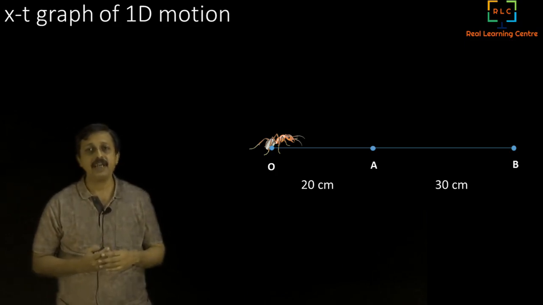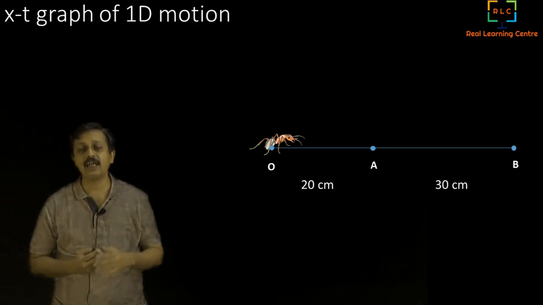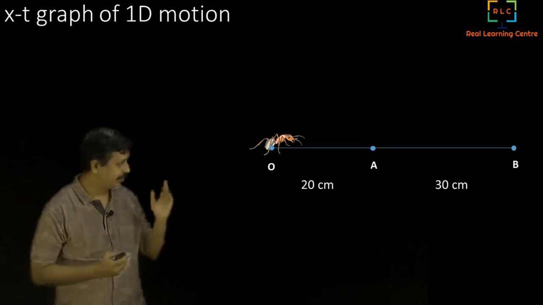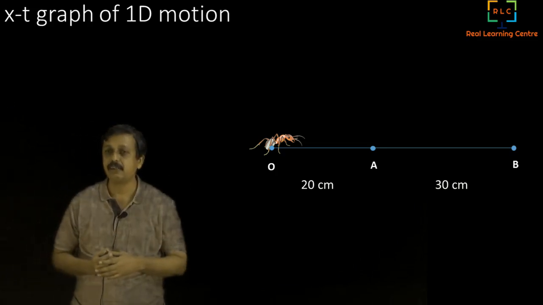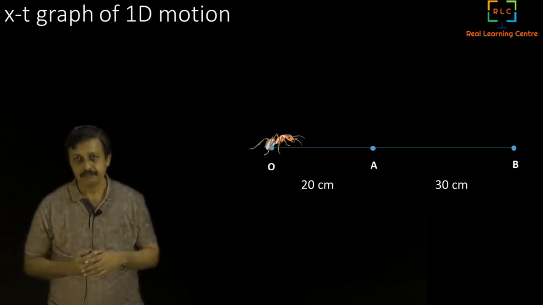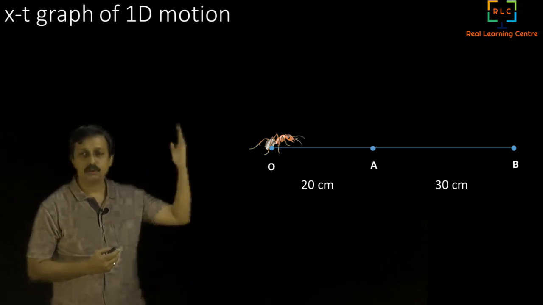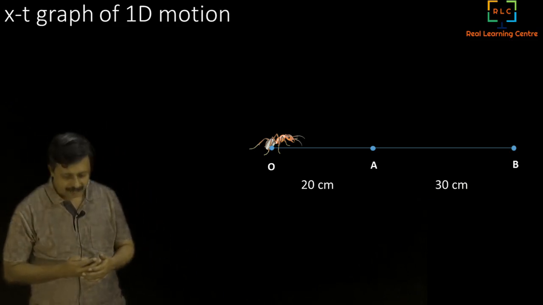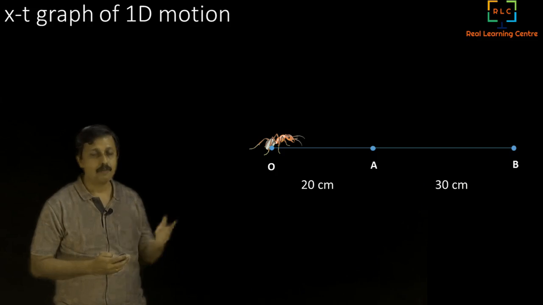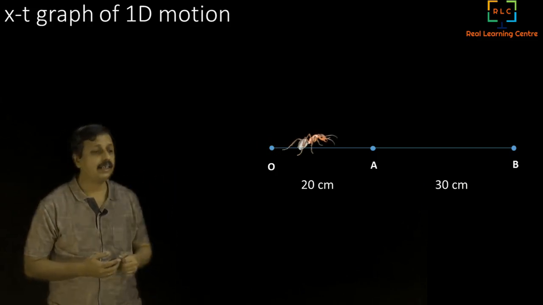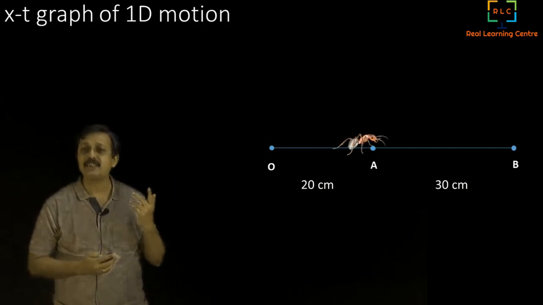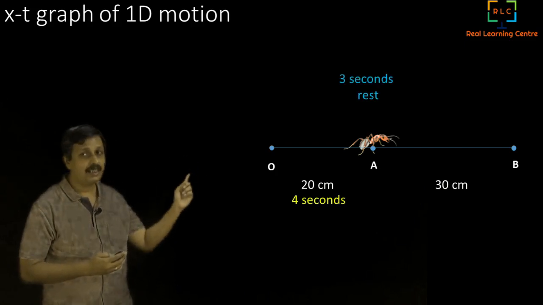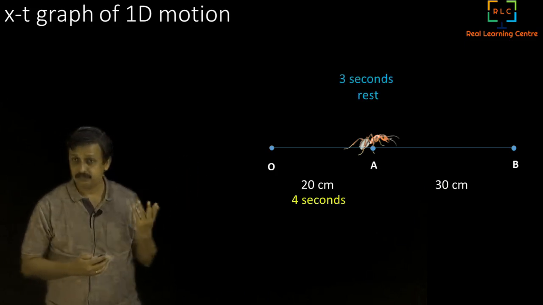Now, for the XT graph of 1D motion, I start with an ant. Here is an ant resting well at point O. Now the ant moves along this line. The ant starts moving from point O and reaches point A in about 4 seconds.